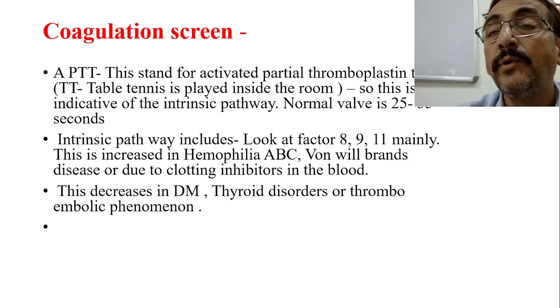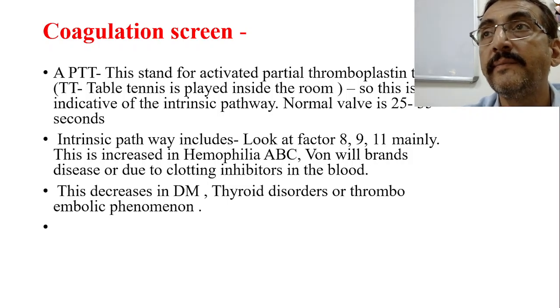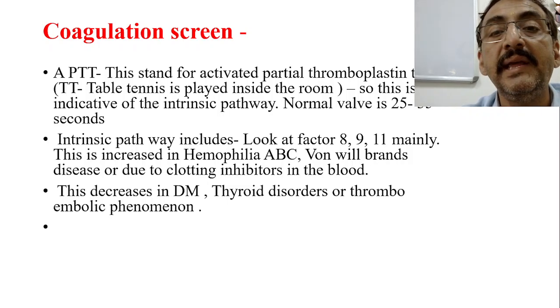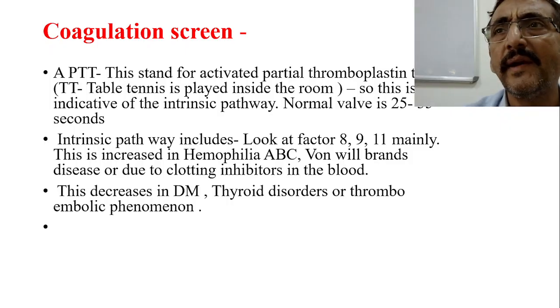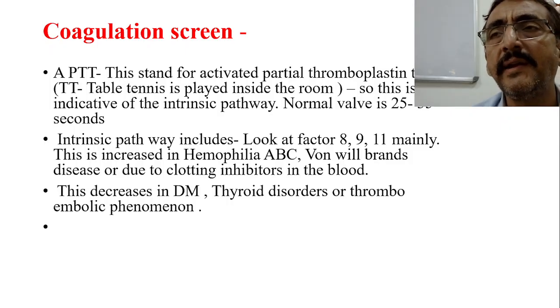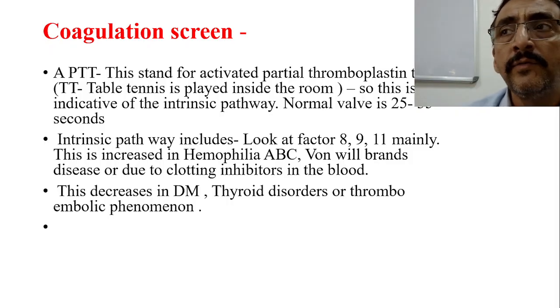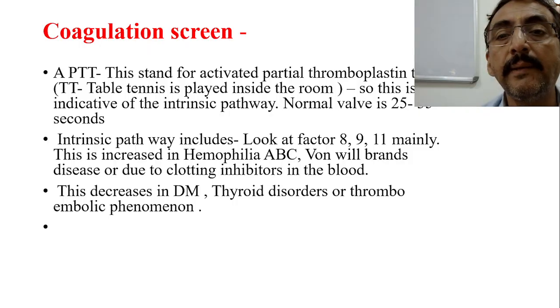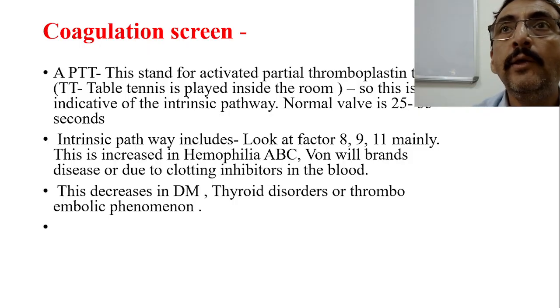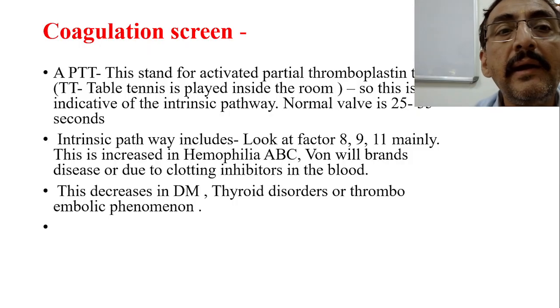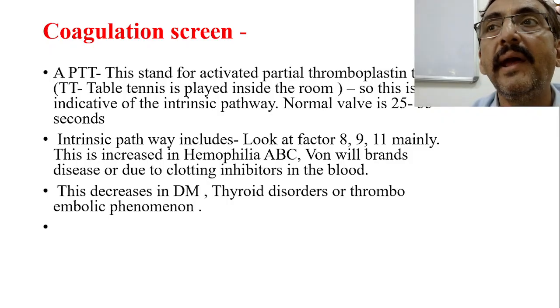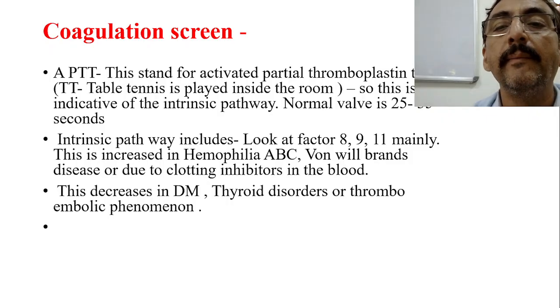In true hemophilias, that is hemophilia A, B, and C, they are all because of deficiencies of factors like 8, 9, 11, etc. So in almost all types of hemophilias, you will have an altered APTT, activated partial thromboplastin time.